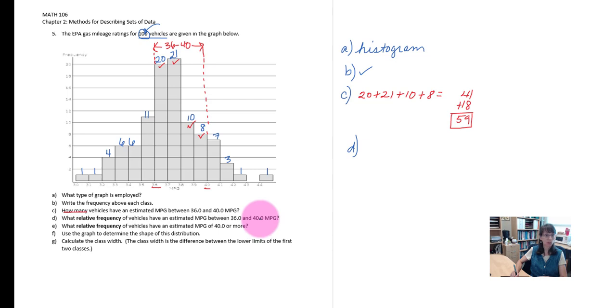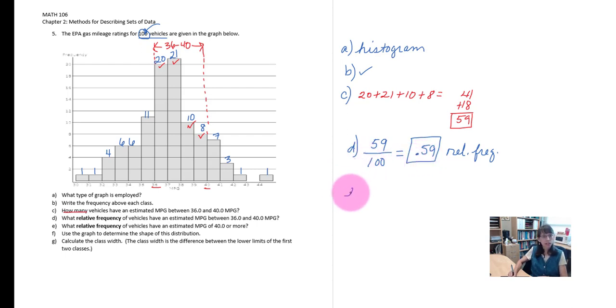Well, that was the previous question. So we know that was 59 for the frequency, but then we need to divide that by 100 to get the relative frequency. So 59 divided by 100 would be 0.59. That's the relative frequency. Notice that relative frequency is in decimal form. We also could call this probability, but we'll talk about that later in Chapter 3.